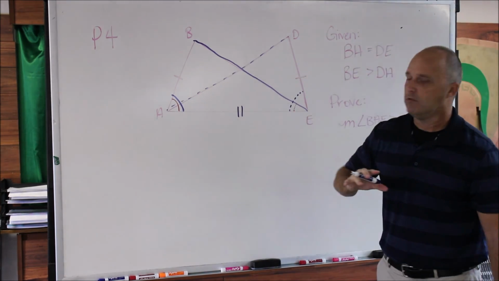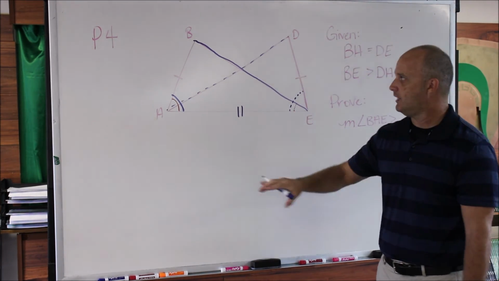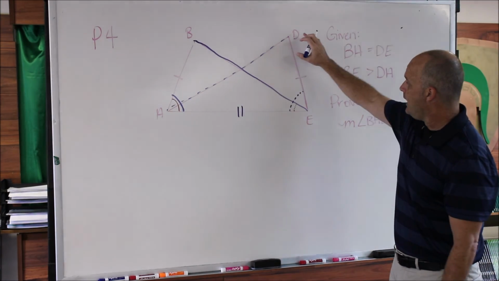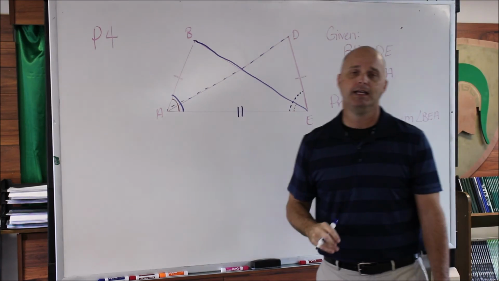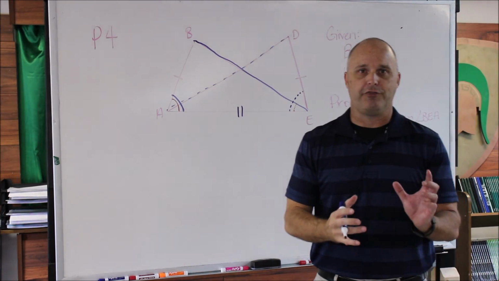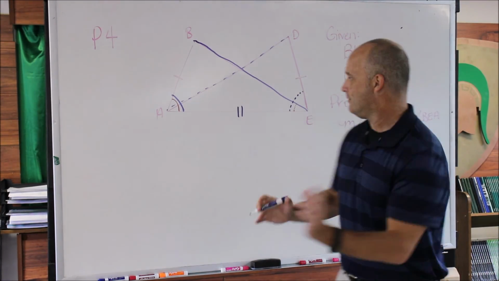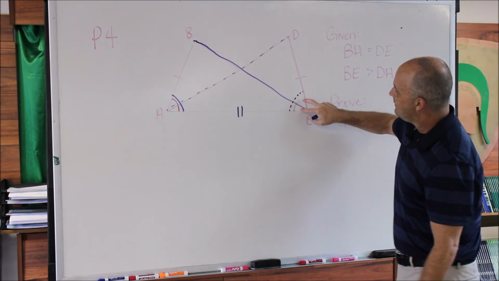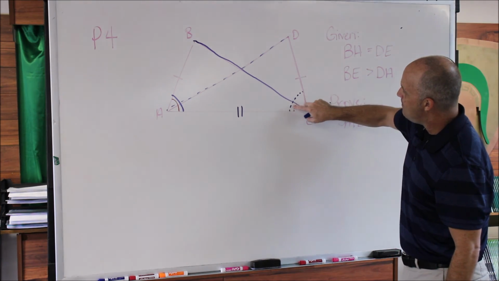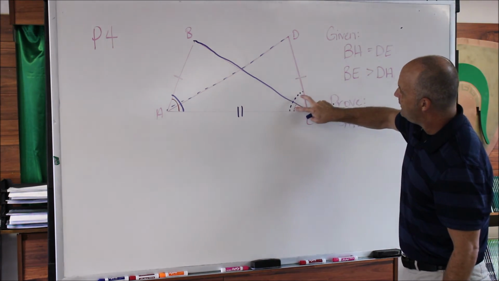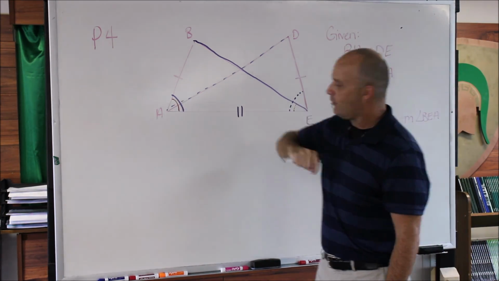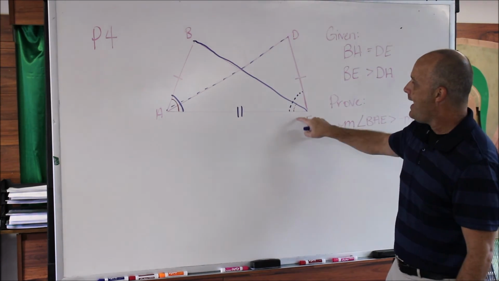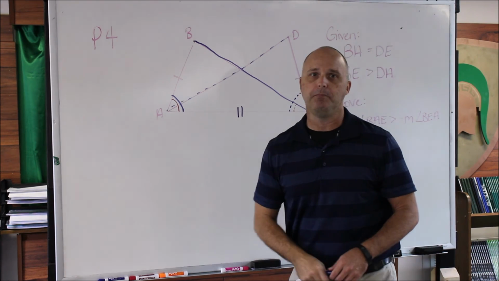So we know with assuredness that angle BAE is larger than angle DEA. So we already know that the large angle is bigger than this entire angle. Since these two angles make up this angle, and this angle together is already smaller than this angle, that means that angle BEA has to be smaller than angle BAE.